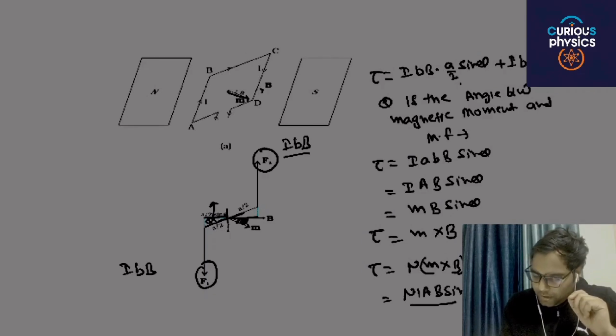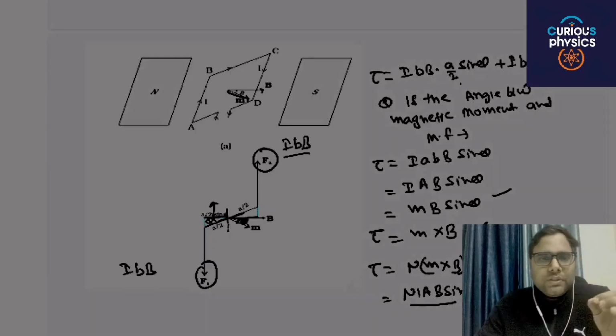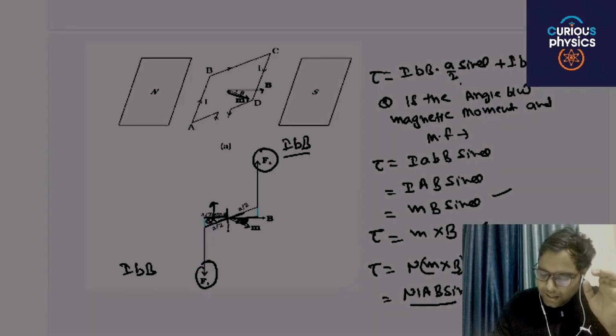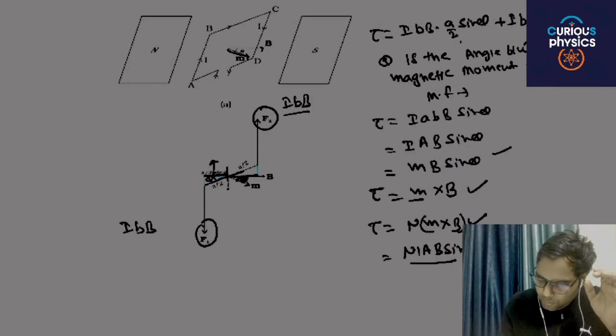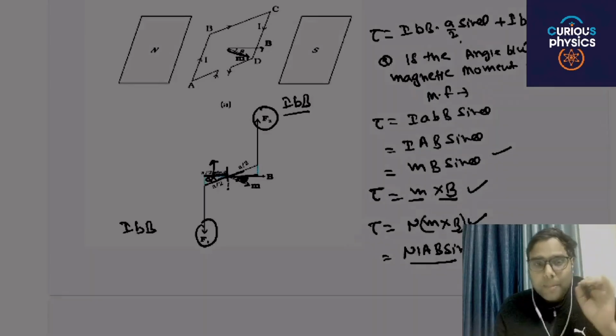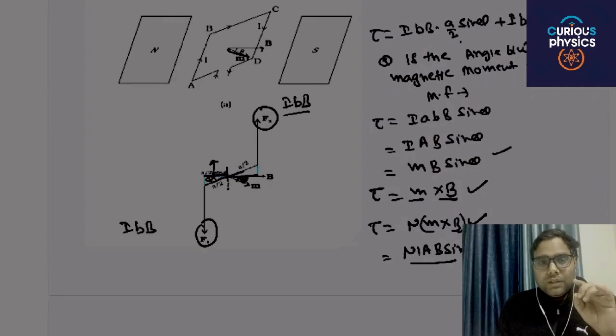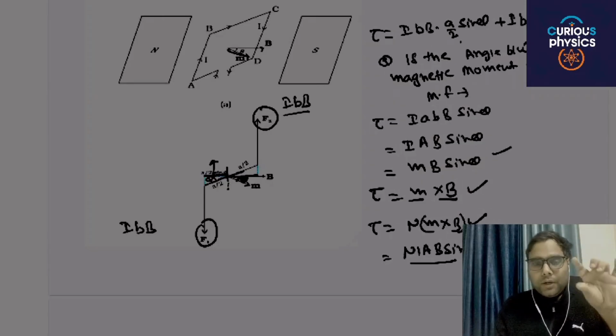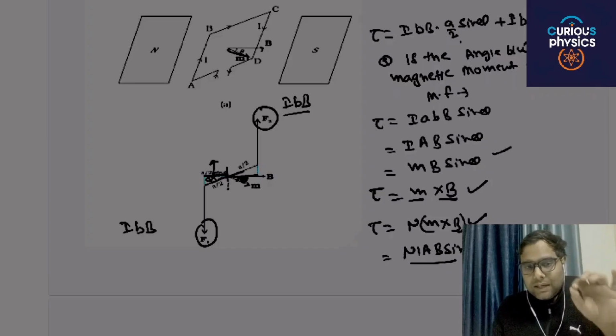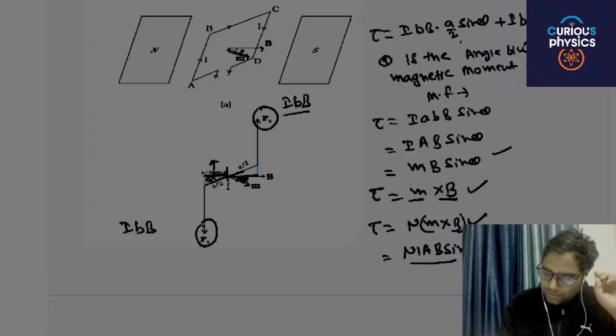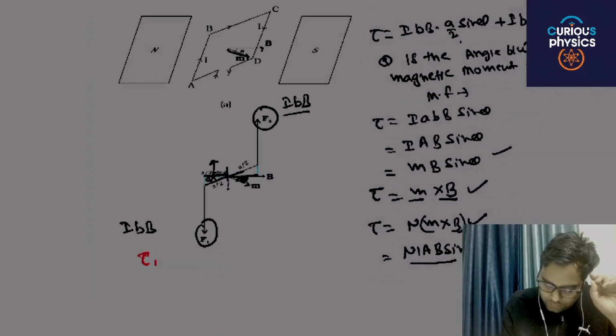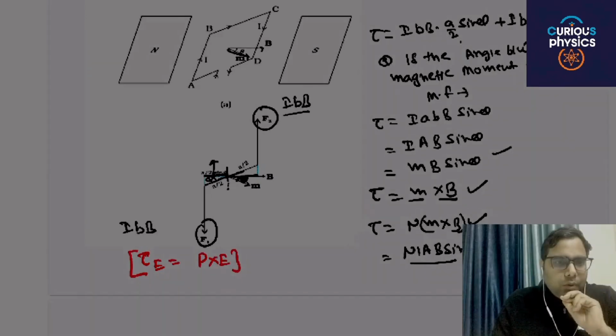Everything is same, but you have to understand how we have reached this particular result. And here M is the magnetic moment. You can compare this quantity with electric torque. When an electric dipole is placed in a constant electric field, in chapter 1 we have studied that the electric torque will be equal to P cross E. Are you able to understand my point or not?